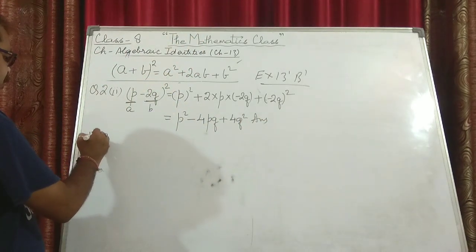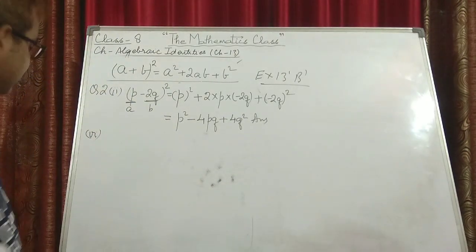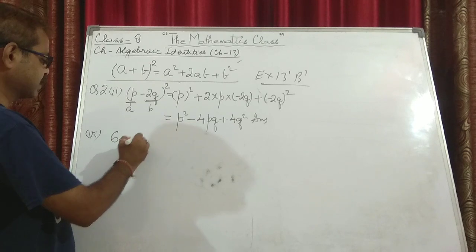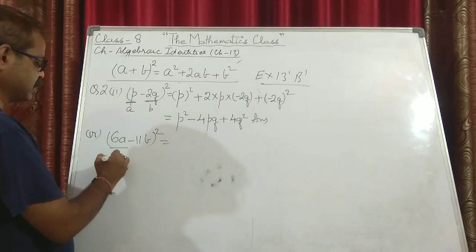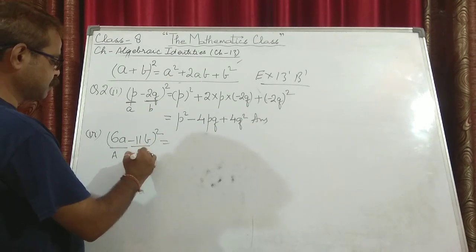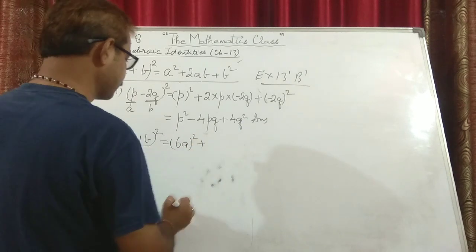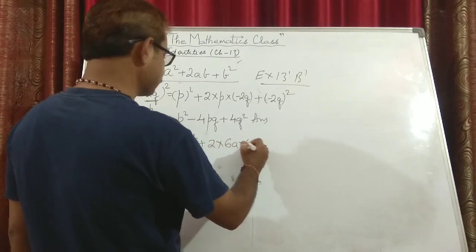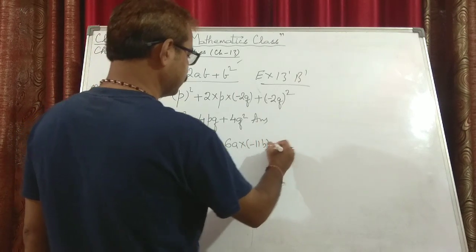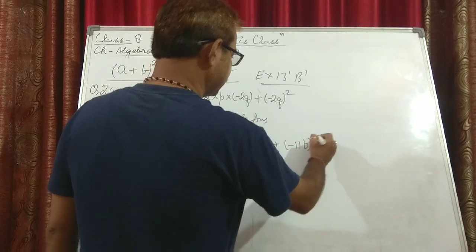Now I am writing out the sixth part of second question, that is 6a minus 11b whole square. First term is, let's take it A, second term is B. So first term whole square, that is 6a whole square plus 2 times of first term into second term. Second term is minus of 11b and plus second term square, minus 11b square.